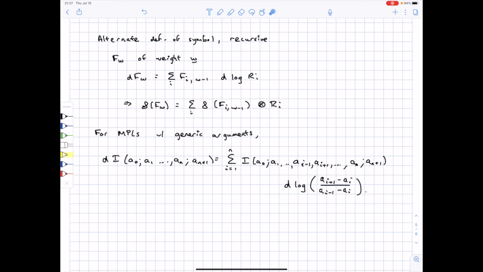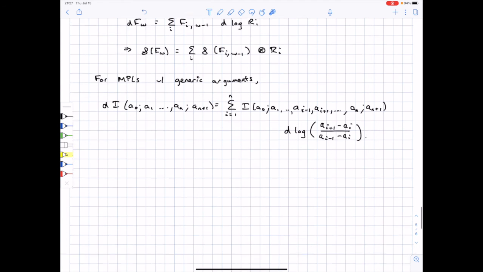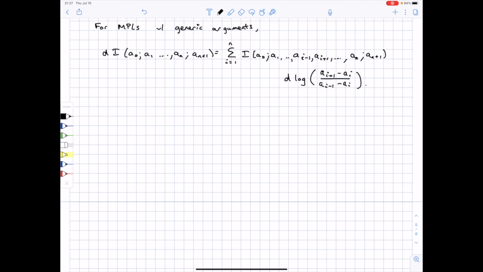So just in closing now, I want to point out an important property of the coaction, which makes it very useful for physical applications, and that is that it interacts very nicely with discontinuity operations and differential operators.